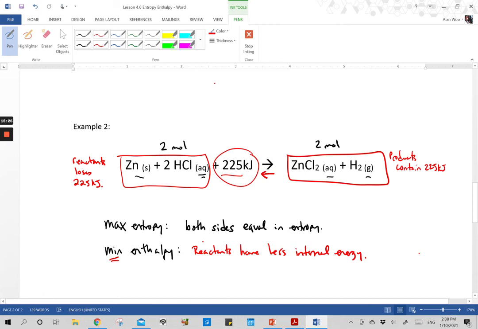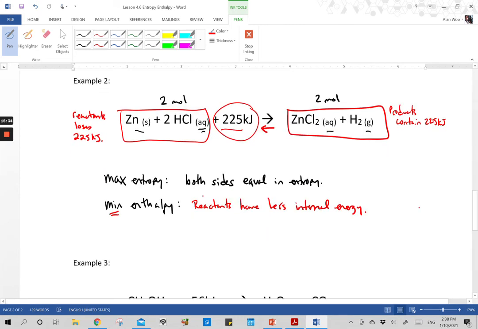So because the side that has minimum enthalpy is favored, what we can say from the information that we have is that the reaction will naturally shift to the reactant side.